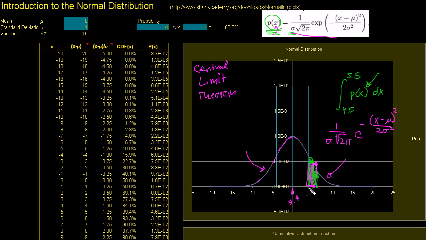What this tells you is, if you wanted to figure out what is the probability of finding someone who is roughly 5 inches taller than the average right here, you would put this number, this 5, into x, and then the standard deviation, because you've taken a bunch of samples, the variance, which is the standard deviation squared, and the mean, and you just put your x in there, and it'll tell you the height of the function.